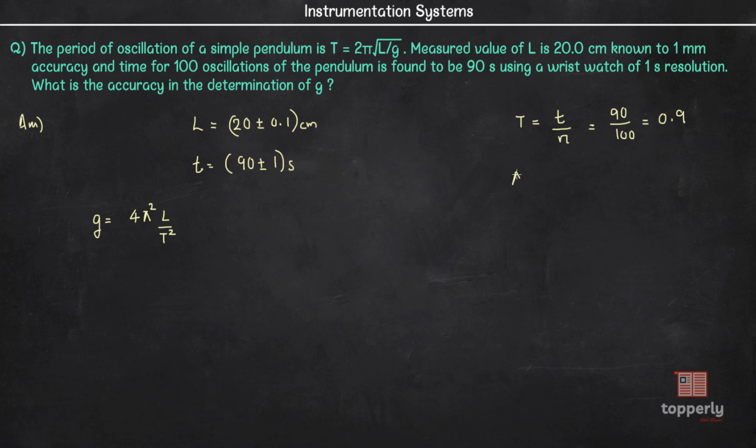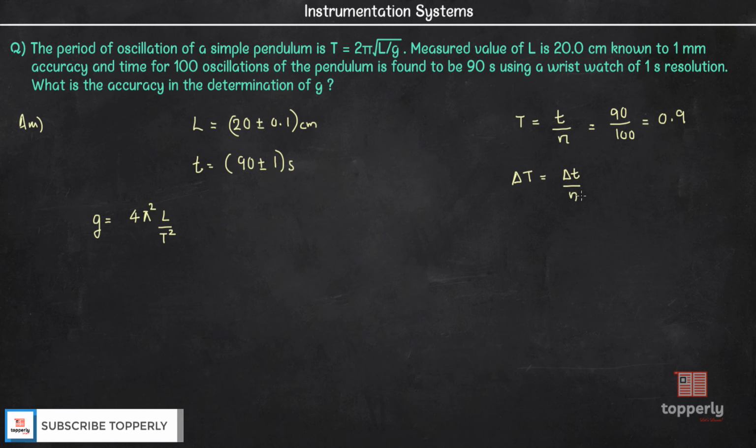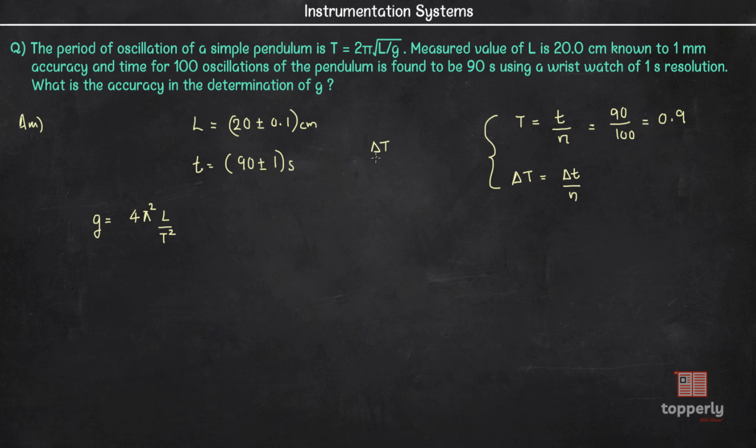Also, delta T is equal to delta t by n. Here n is a fixed quantity and is not prone to error, so there is no uncertainty in the case of n. So from these two equations we can write delta T by T is equal to delta t by t.